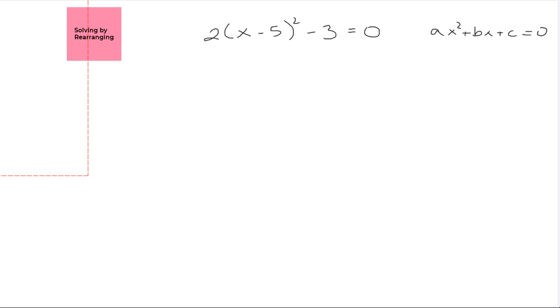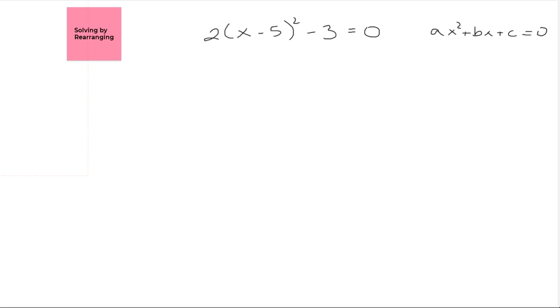Very often when we get equations that don't look like the standard form, we'll expand and simplify and then use some of the methods that we're going to see. But vertex form is actually an easy way to isolate the x, which is what we want to do. We want to solve for the x.